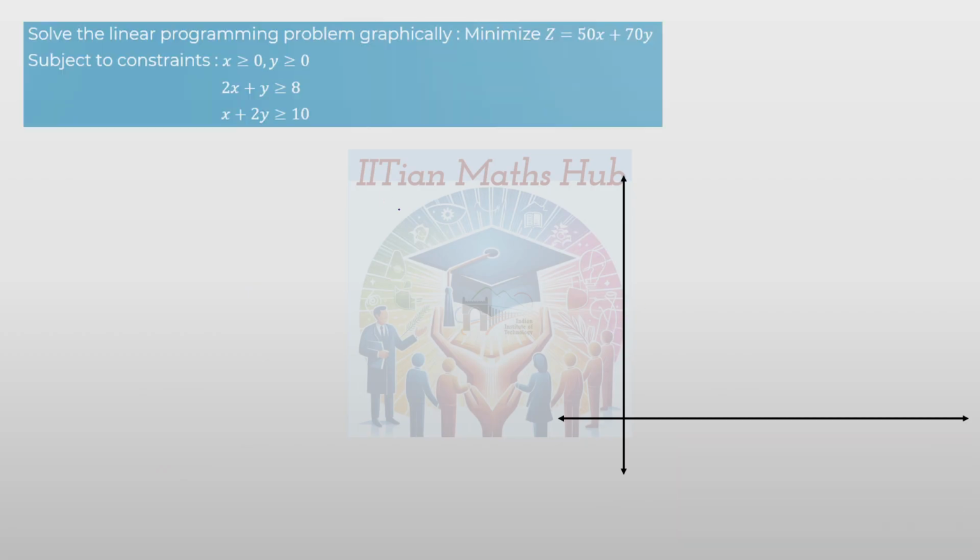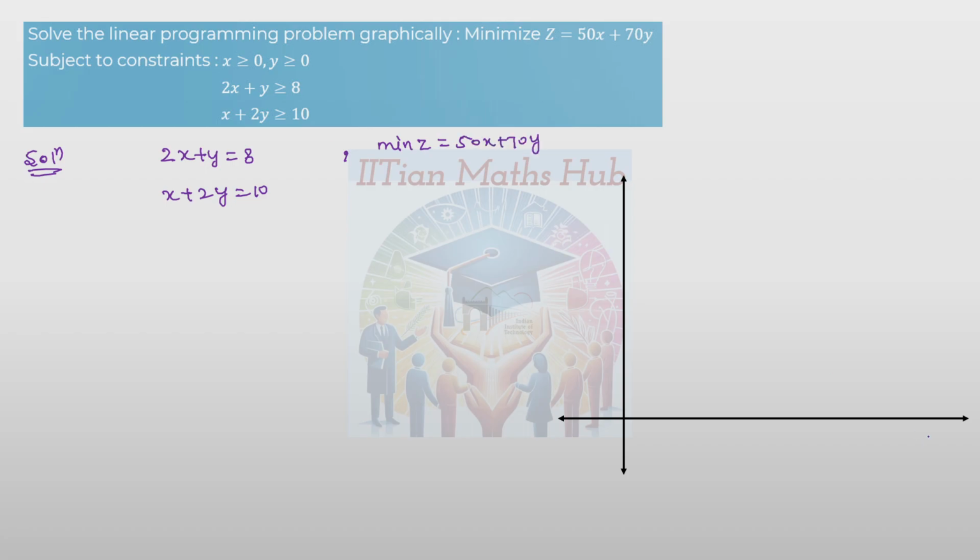Next question. This time we have the constraints 2x plus y is greater than or equal to 8, and x plus 2y is greater than or equal to 10. I am writing the equations in order to draw the graph directly. We have to find the minimum z, where z is 50x plus 70y.